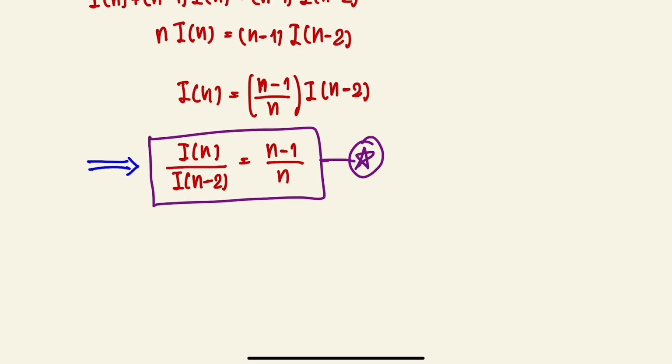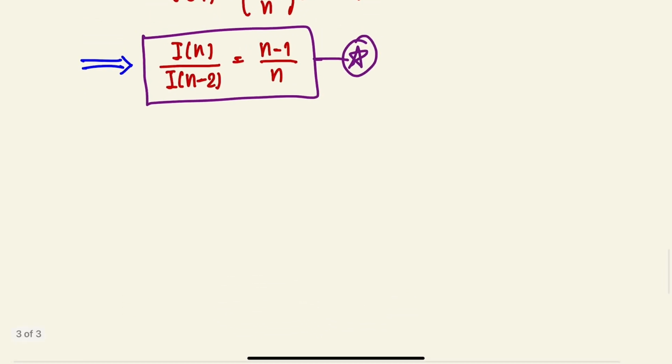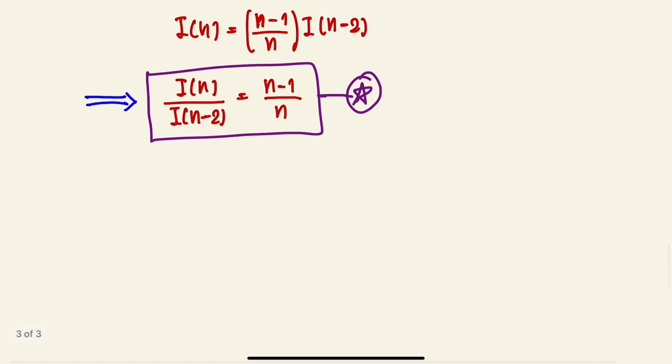Now what next? The next thing I want to do is to calculate I 0 and I 1. What is I 0?